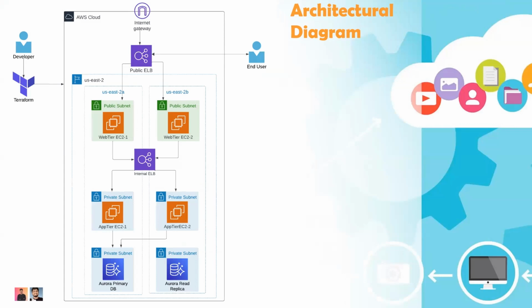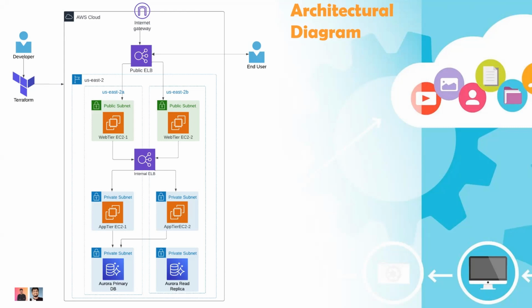First of all, AWS has a workshop to create this three-tier architecture using the AWS console. We are going to demonstrate how to create the same architecture using Terraform. That is the main thing: we want to help the community learn and grow their Terraform skills.